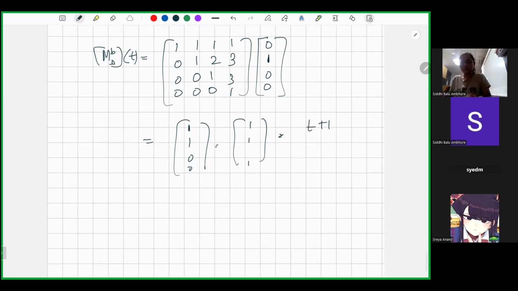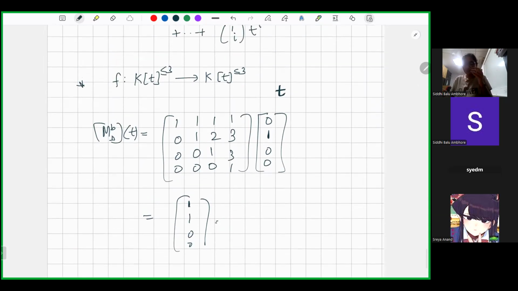Yeah, so that's what I was saying. When we do the matrix multiplication with the linear transformation matrix, I want to find the image of something. So this is with respect to b to b, right? M b to b of f. If I want to find the image of f here under this matrix, for example f of t, what I do is express this t in terms of the basis.